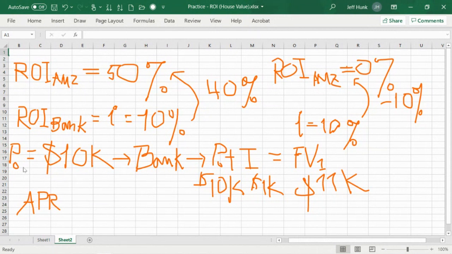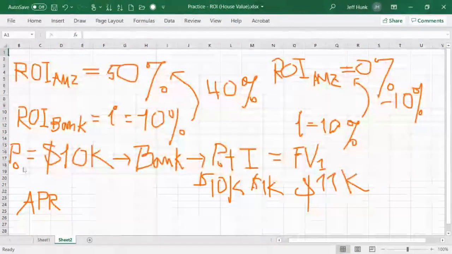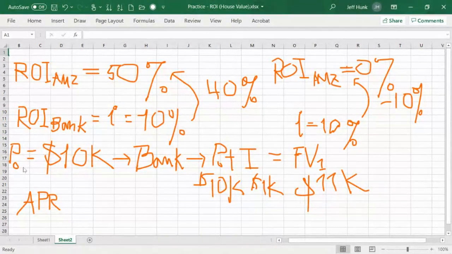Time zero is, let's say, you put this 10K in the bank on January 1st, 2021. And then 1 year later, you will earn 10% interest, right? So 1 year later, there will be time one.